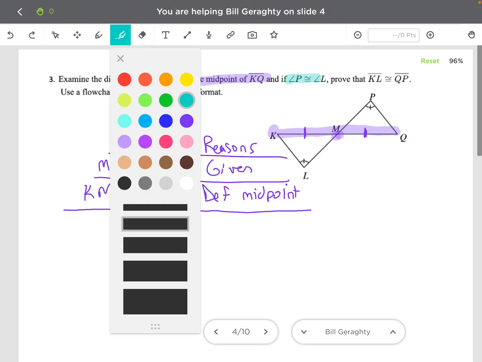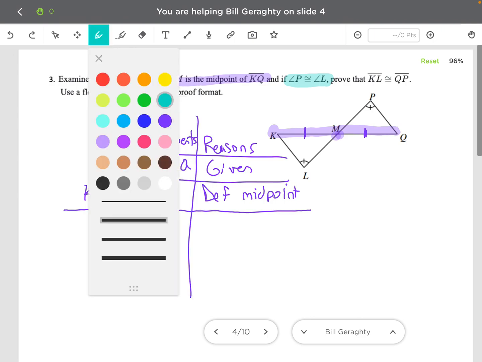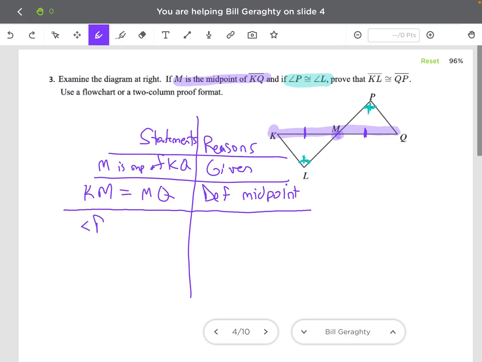More given information right here. They're telling me that angle P is equal to angle L. So this is this angle right here, equal to this angle. So that, again, is given to me. Angle P is equal or congruent to angle L, and that is given. And so I have a lot of information here. I have a side and a side already.